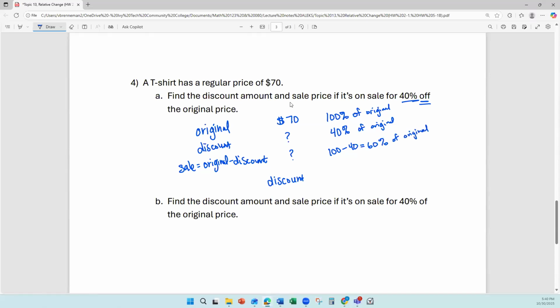So 40% of 70 is $28 off. And so the sale price is 70 minus 28, $42 that you would end up paying.